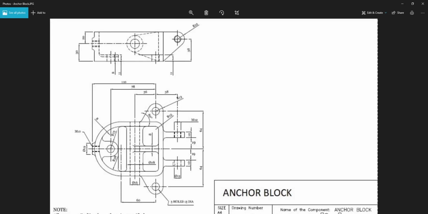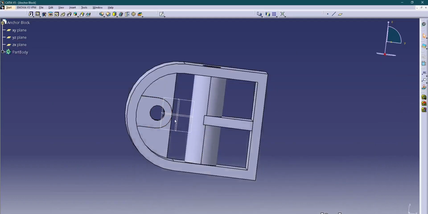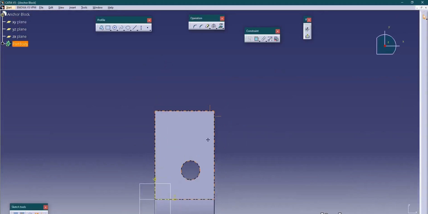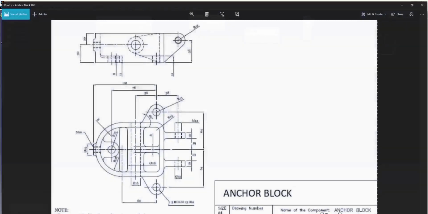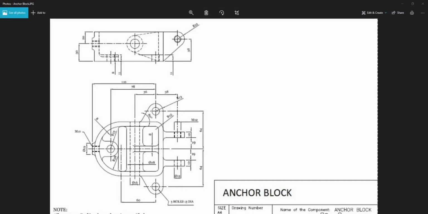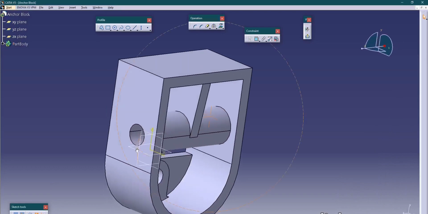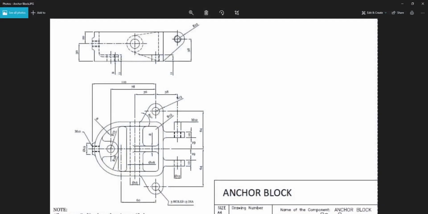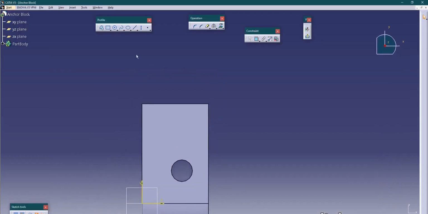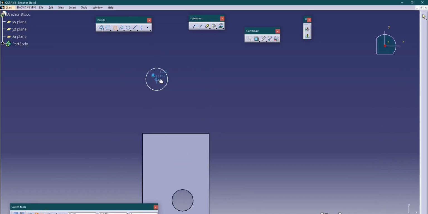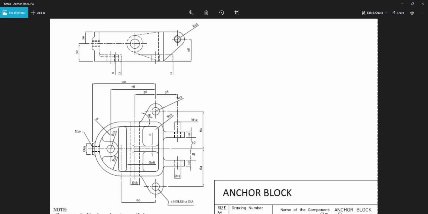Okay, now we need to make these two plates. For that, we would be taking the plane in the middle, project this line and dimension are 12 and the hole is M12.